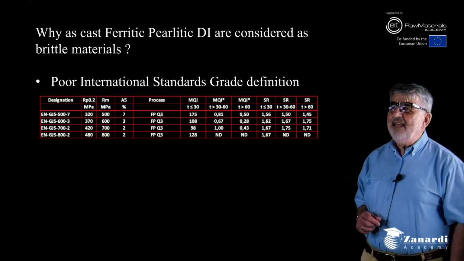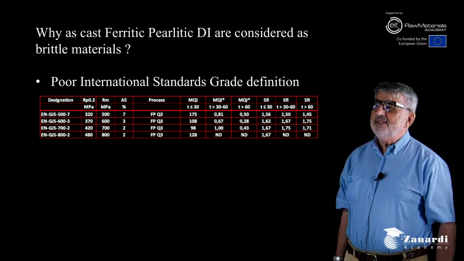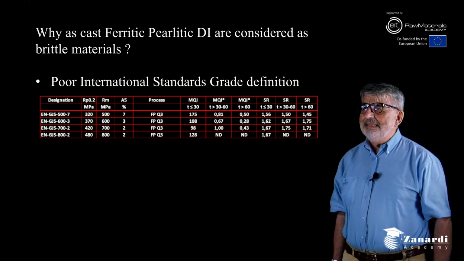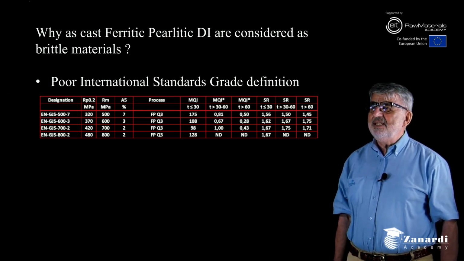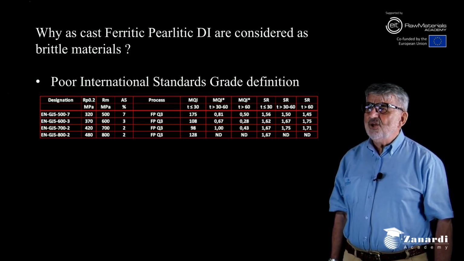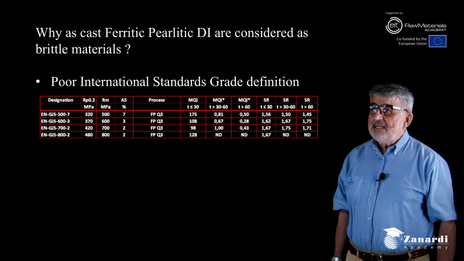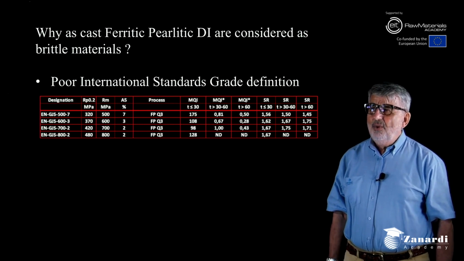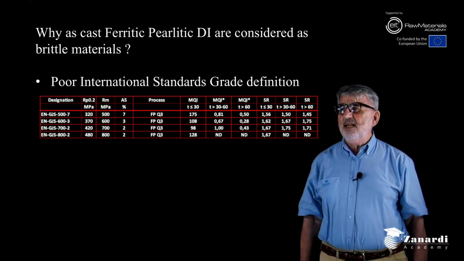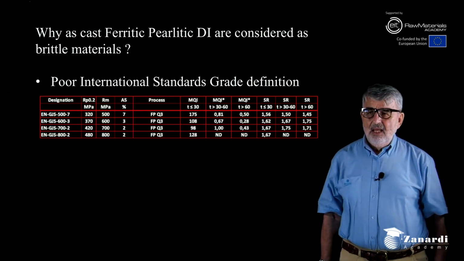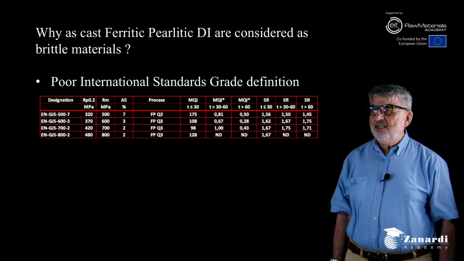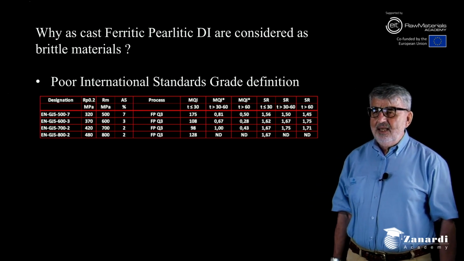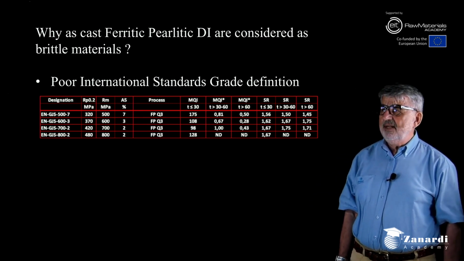If you follow the FKM guidelines, you will see that FKM divided ferrous materials into ductile, that are typically steels, materials that show a pronounced necking, semi-ductile, that are spheroidal graphite cast irons with an elongation at fracture not below 6%, and non-ductile materials that are spheroidal graphite cast irons with an elongation at fracture below 6%.